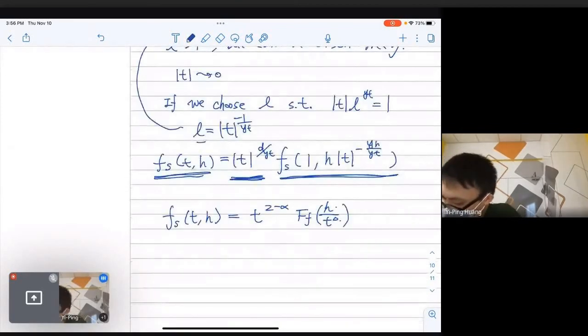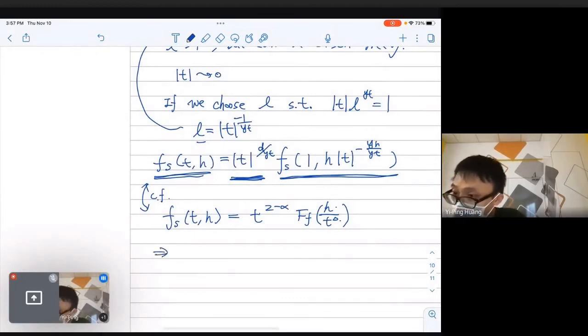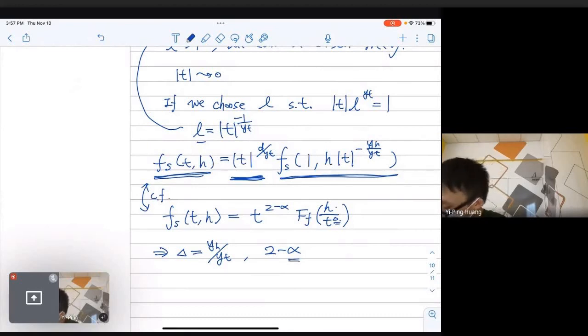So if we compare these two, you will immediately get the conclusion that the previous delta that we assumed is actually YH divided by YT. And 2 minus alpha, which involves the anomalous dimension alpha, is actually related to this D divided by YT.